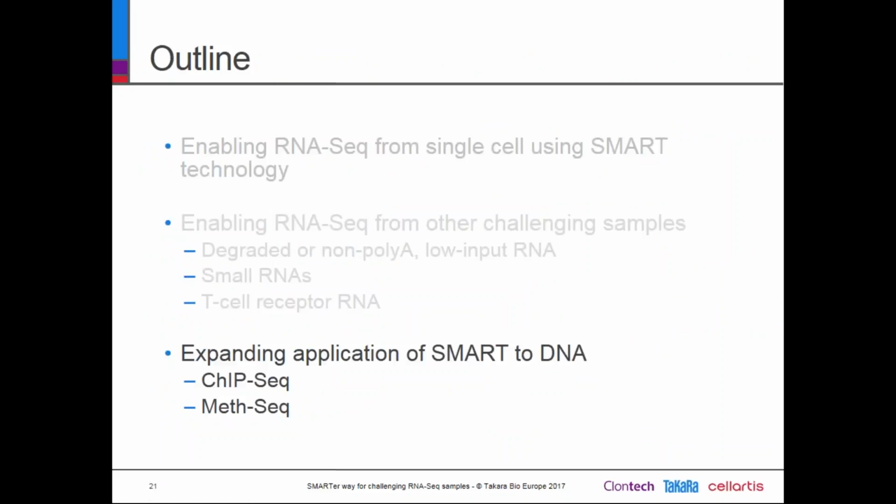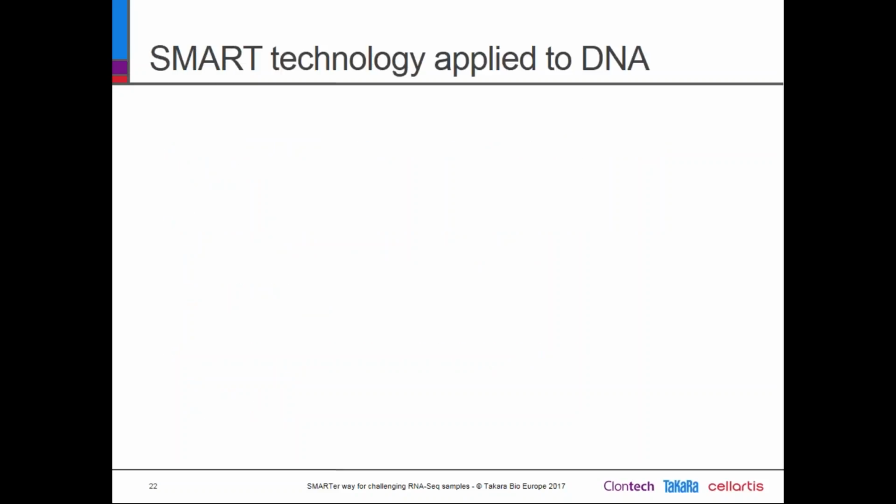And my last slide is just to briefly mention that we have expanded the applications of the SMART technology to DNA, because it's interesting to know that the reverse transcriptase that we use for all the SMART RNA-Seq methods is also able to reverse transcribe DNA.